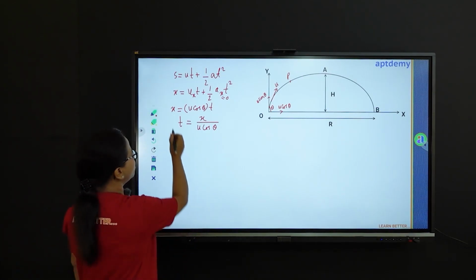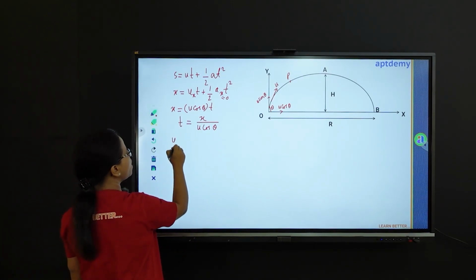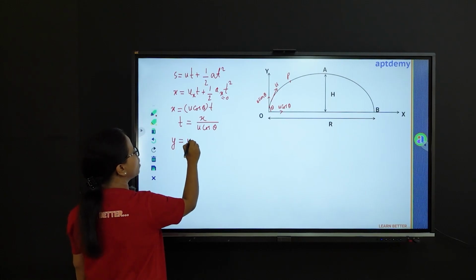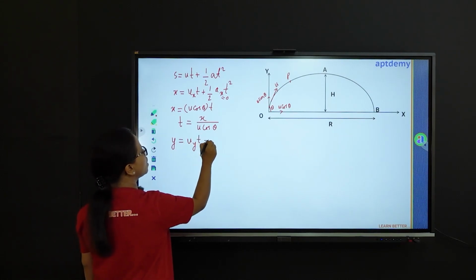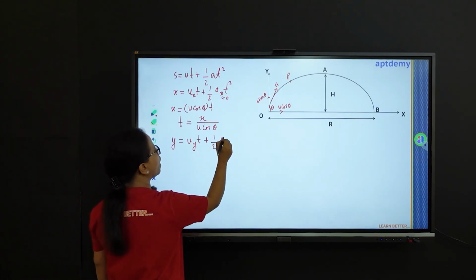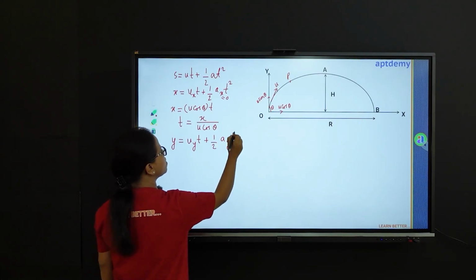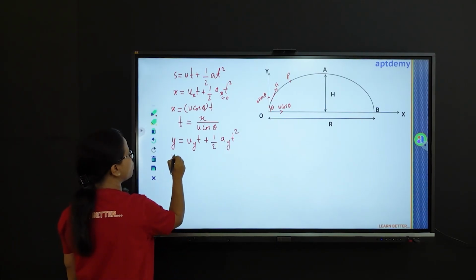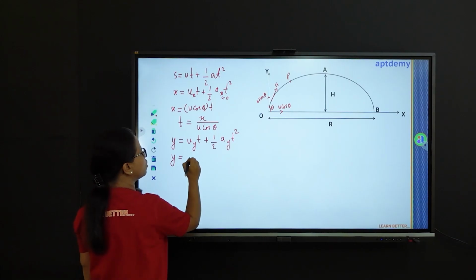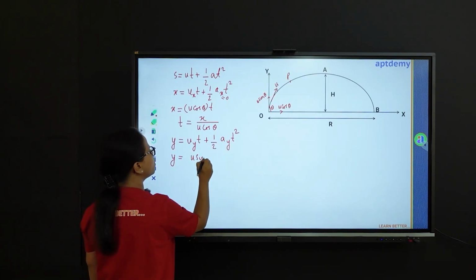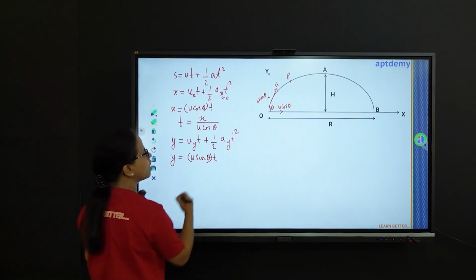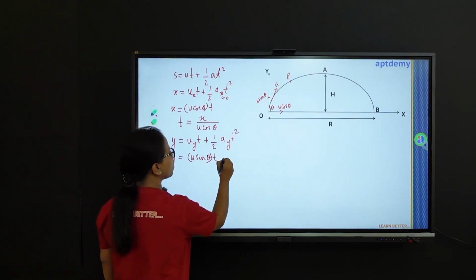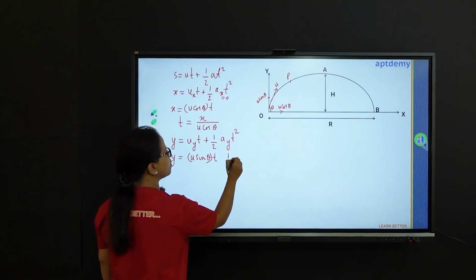Now beyond this, let me write down expressions for y. y is equal to uy times t plus half ay times t square. So we can write y as equal to, this uy is u sin theta, times t, and this is half, this is g, and this is t square.